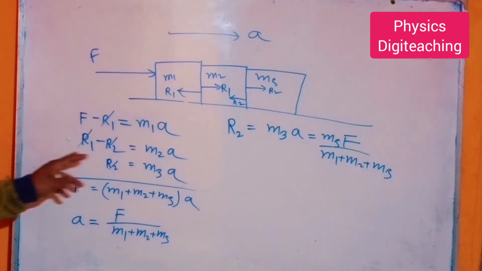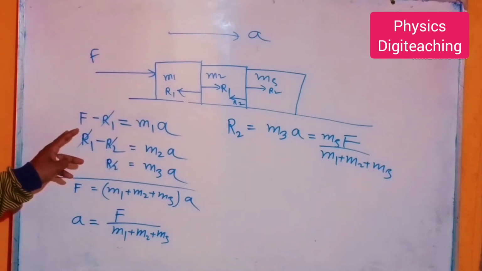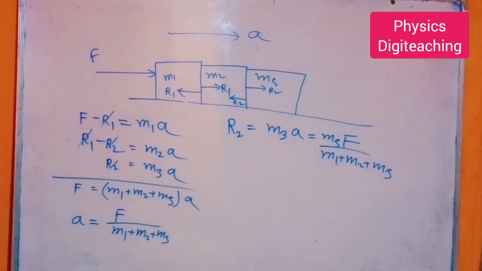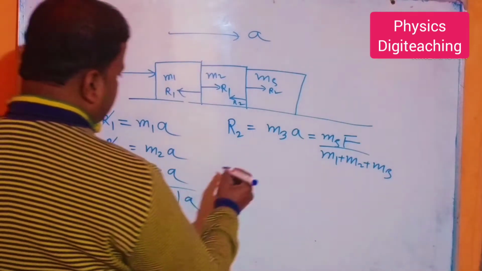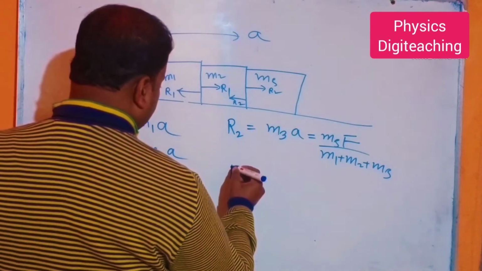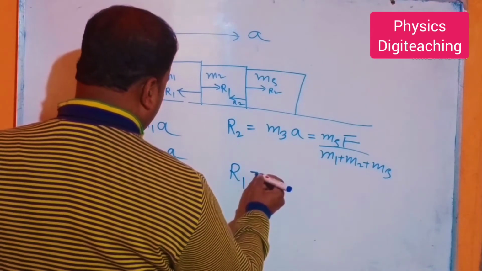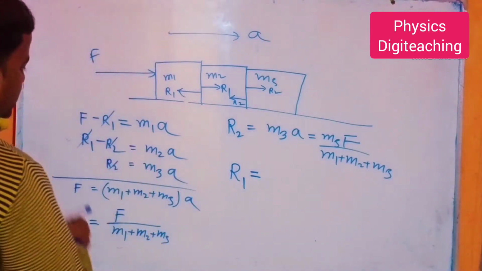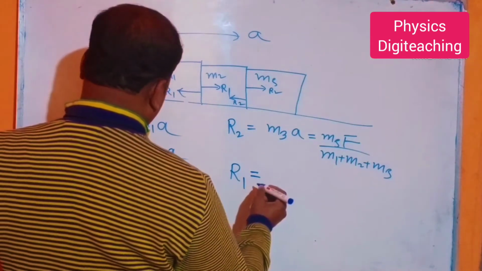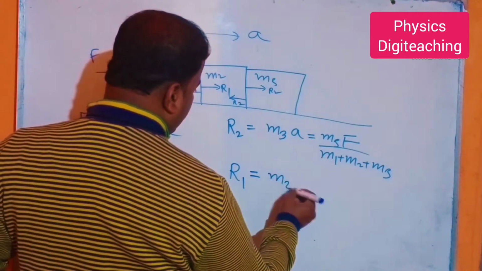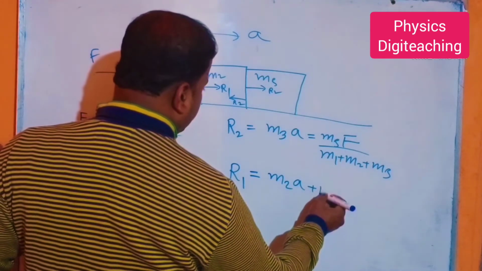And from either of these two equations, we can easily get R1. From the second equation we get R1 equals M2 A plus R2.